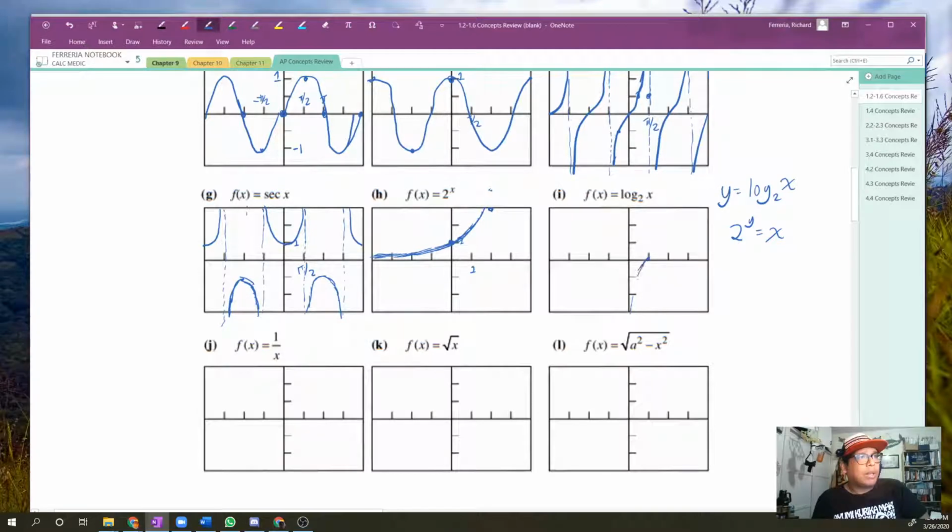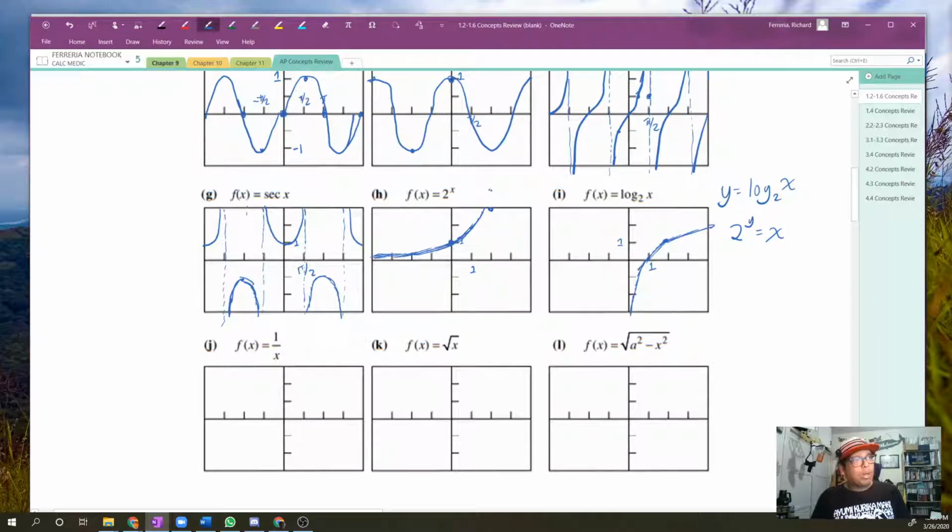So we get this. Again, that is asymptotic. Okay. And then when x equals 2, you get 2 to the first power equals 2. So when the x-coordinate is 2, the y-coordinate is 1. So that creates that graph.